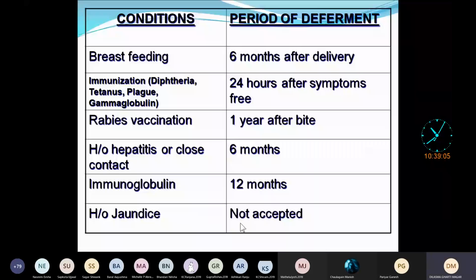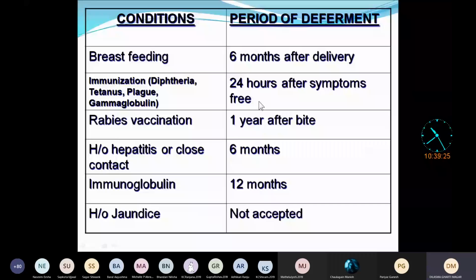So I'll repeat this slide once again. Breastfeeding, 6 months after delivery, or breastfeeding women, we will not take the blood. And in case of immunization like diphtheria, tetanus, plague and gamma globulin, the person has to be symptom free for 24 hours.